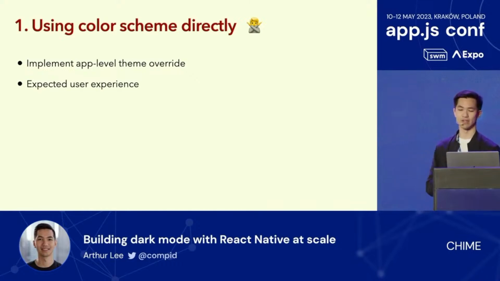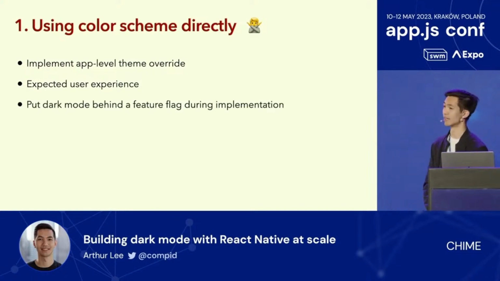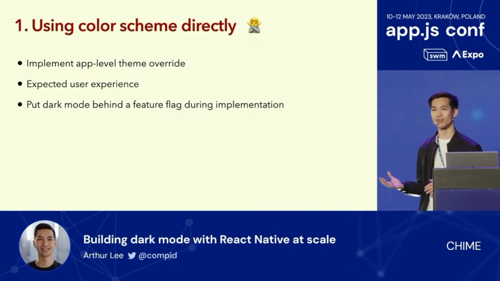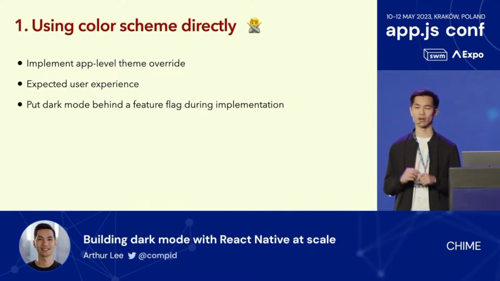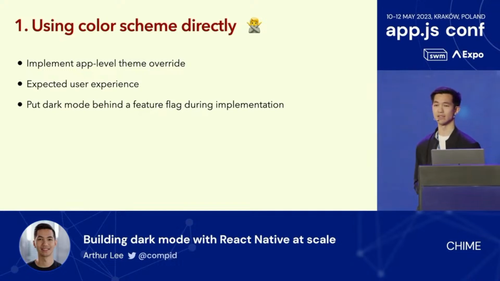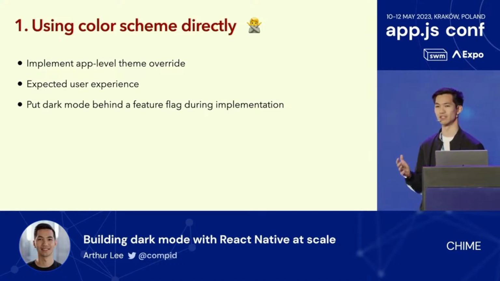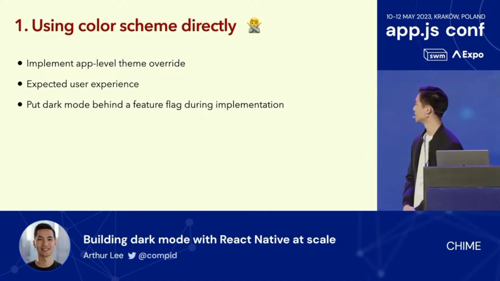But there's actually one other reason why this is super important, and that's to do with feature flagging. So at Chime, and like in many other larger companies, we practice trunk-based development. This means that developers are often integrating their changes into the main branch, and we use feature flags to roll out features instead of the mobile release.